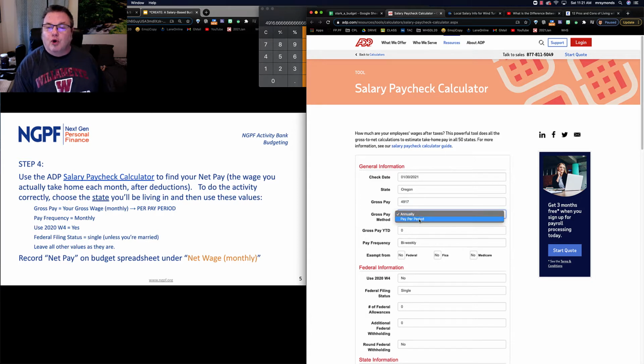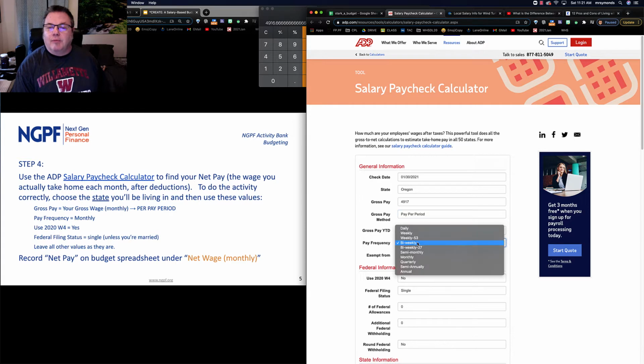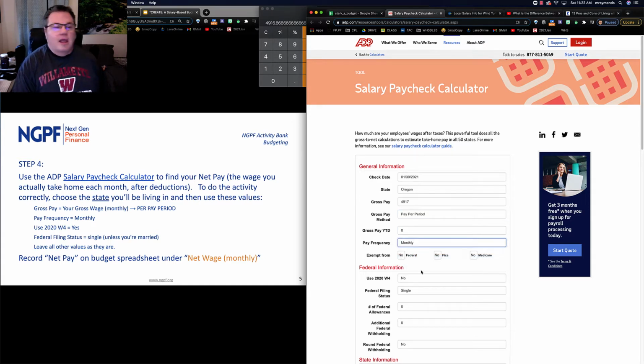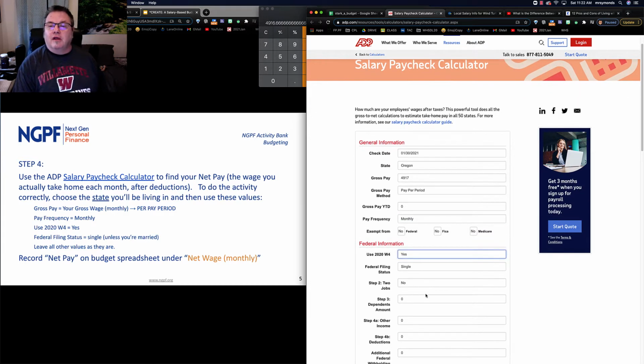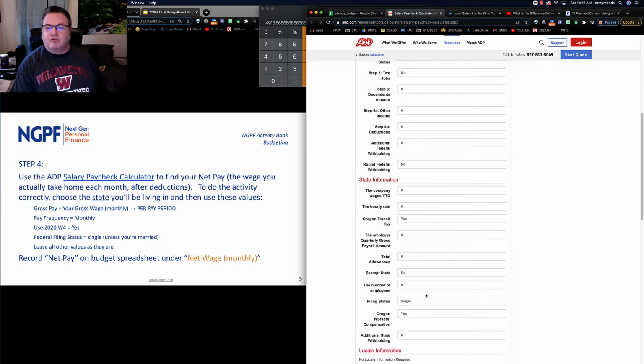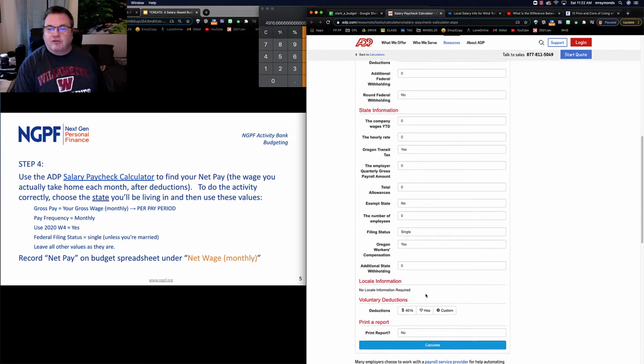Gross pay is per pay period. Very important you put in pay period, and that your pay frequency is monthly. Okay. And federal filing status single, use 2020 W-4, yes, there, and we'll take all of the rest of it as written. Okay, leave all the other values as they are.